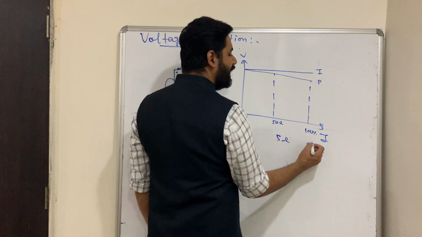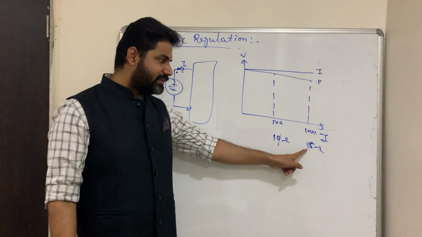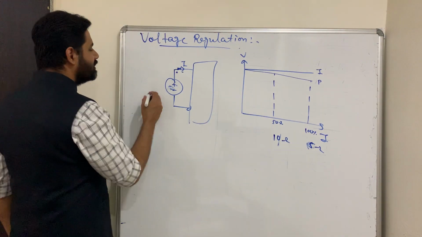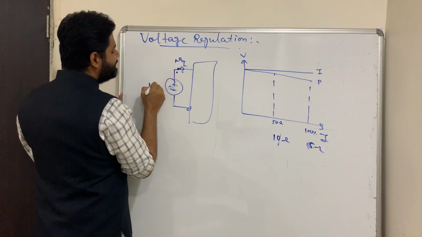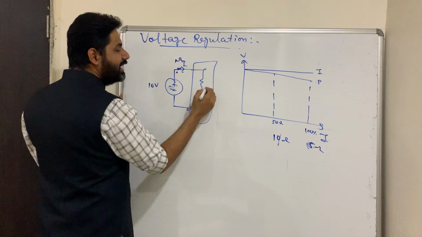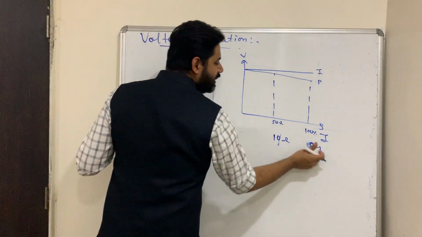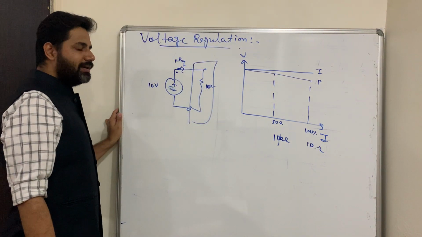I'm sorry, this is the 5 ohm resistor, which is 100% load, and this is the 10 ohm resistor. Consider the source has 1 ohm internal resistance and 10 volts, and let us say the load is 100 ohms or 10 ohms.